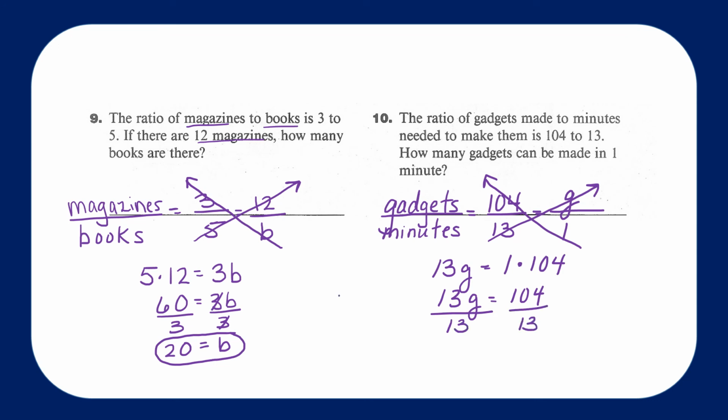So off to the side, 104 divided by 13. 13 cannot divide 1, cannot divide 10, it can actually divide 104 8 times. 8 multiplied by 3 is 24. 8 times 1 is 8 plus 2 is 10. Subtract, I get 0. So g equals 8. So they can make 8 gadgets every minute.